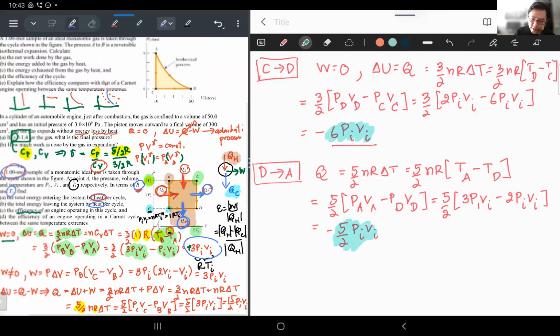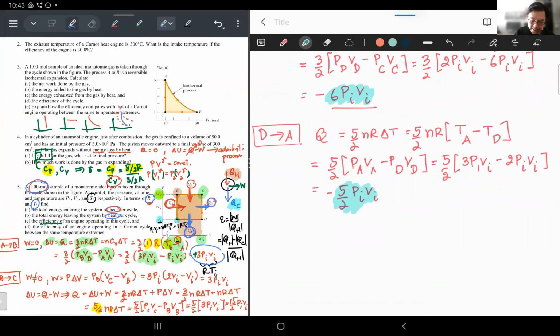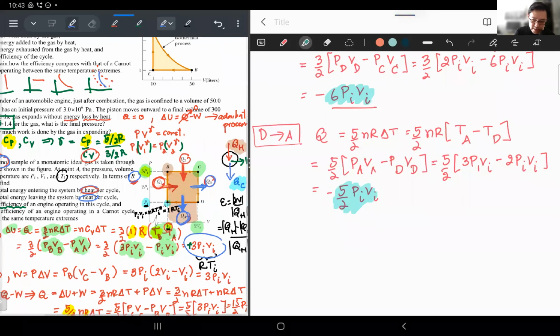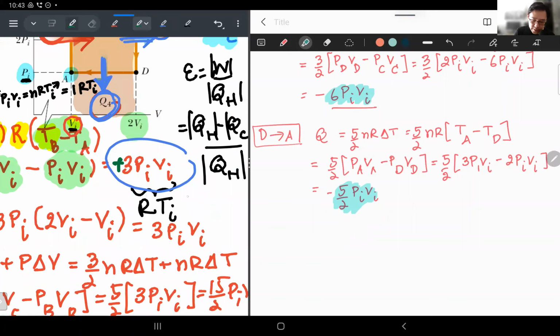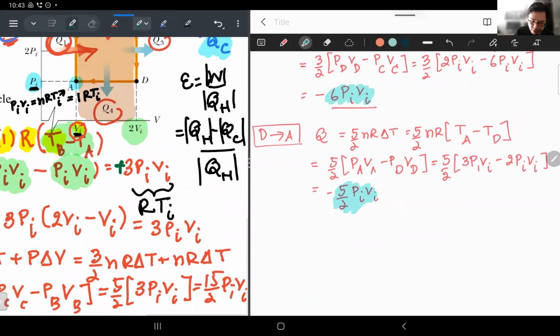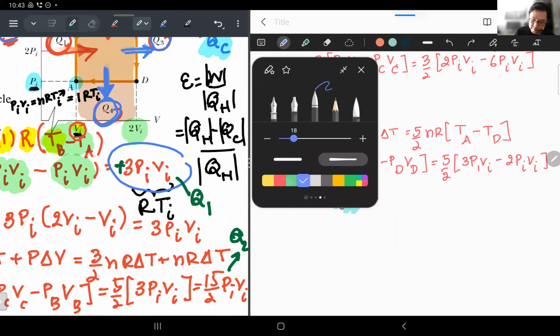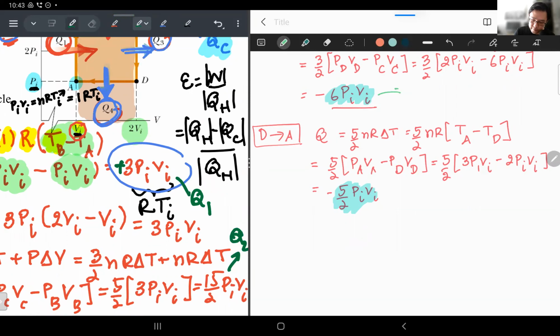So in conclusion, you can name this if you like. According to the diagram, you call this part Q1, you call this part Q2, you call this part Q3, and you call this part Q4.